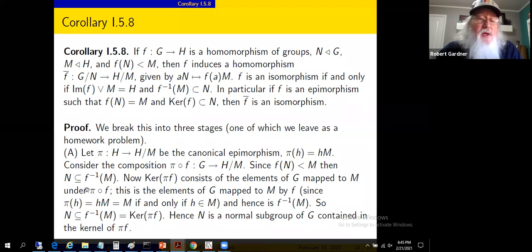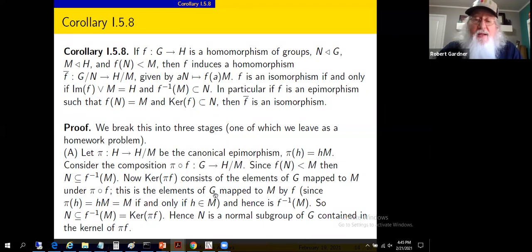The inverse image of M is a set that contains N. Inverse images of groups under homomorphisms are also groups; we'll recall that shortly. So it's actually a subgroup relationship. The kernel of pi F, okay, kernel is the stuff mapped to the identity. So the kernel of pi F consists of all elements of G mapped to M under the composition.